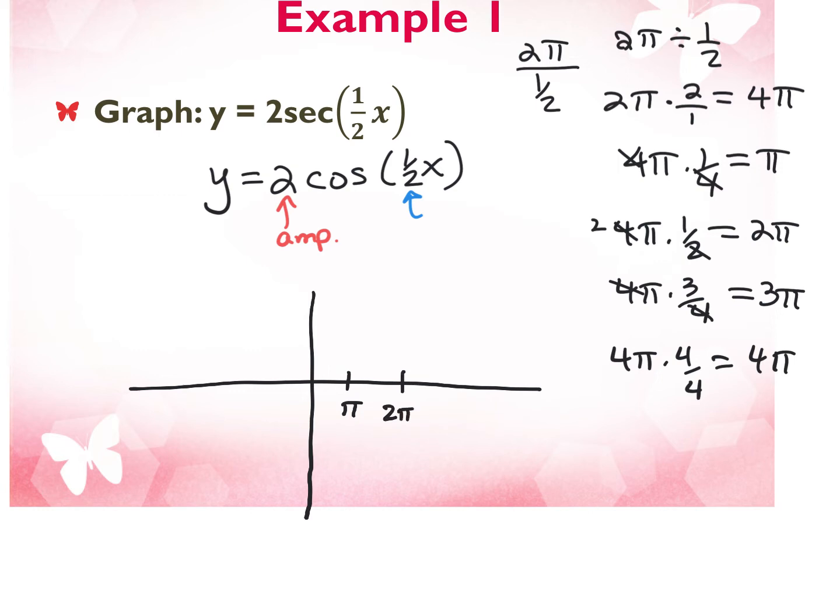And then I have one at 3 pi. And then 4 pi. Over here, negative pi. Negative 2 pi. Negative 3 pi. Negative 4 pi. I also add an amplitude. So I'm going to go ahead and put in my amplitude of 2.